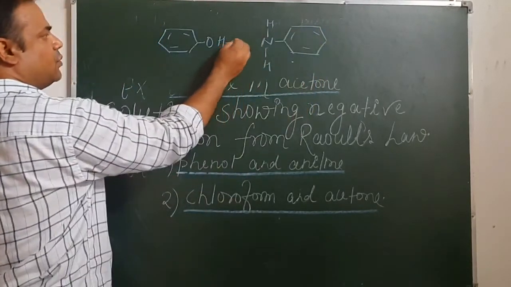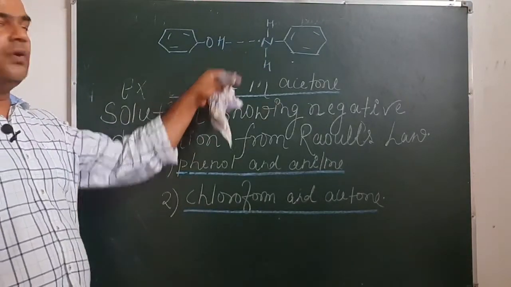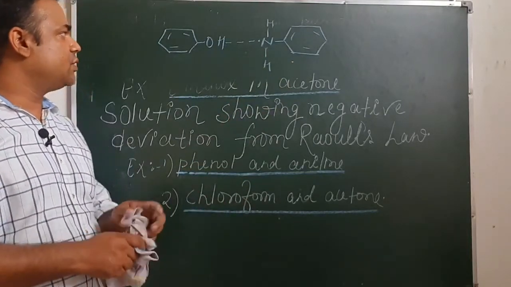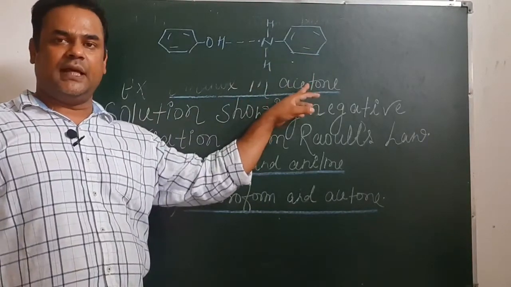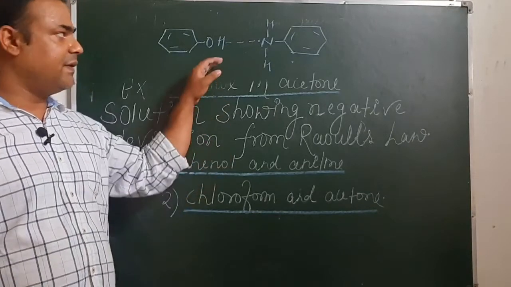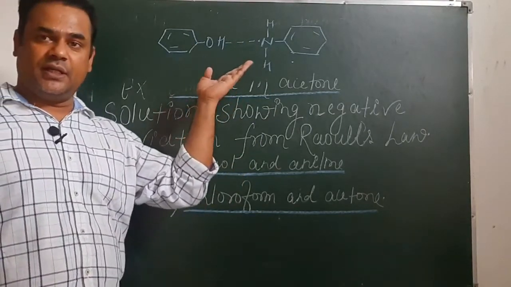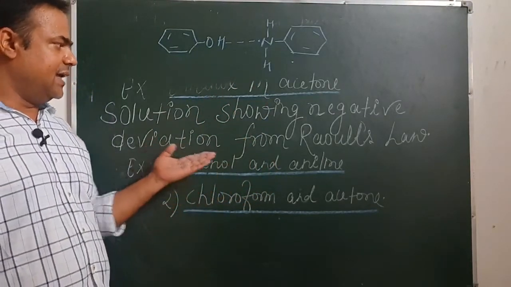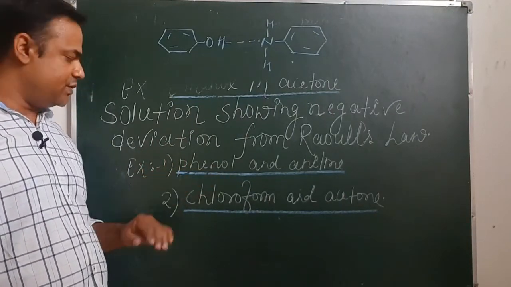So this hydrogen bonding, that is hydrogen bonding between the hydrogen of phenol and nitrogen of aniline, is stronger than the hydrogen bonding between the molecules of phenol and between the molecules of aniline. This increased interaction reduces its vapor pressure in gaseous phase, and that's why there is a decrease in vapor pressure compared to ideal condition. Hence it is known as negative deviation from Raoult's law.